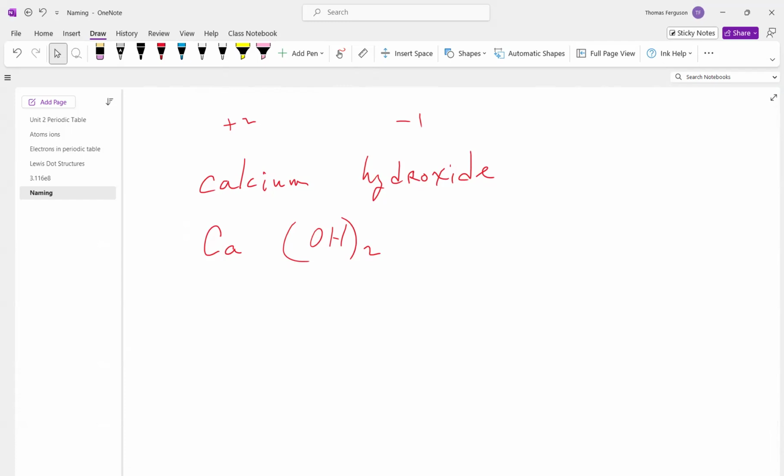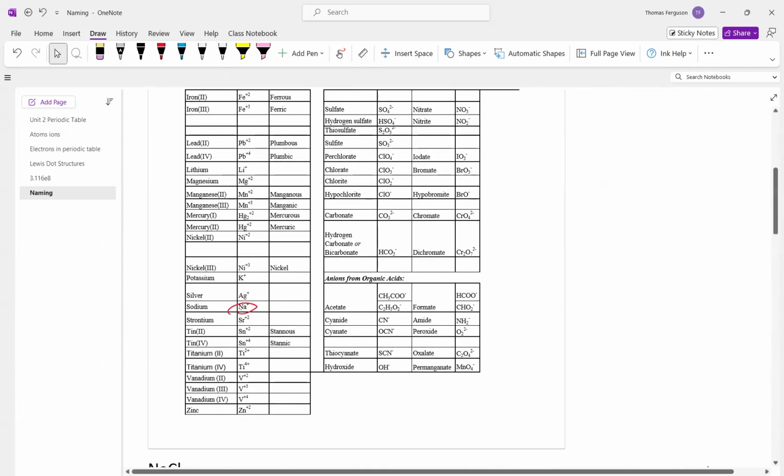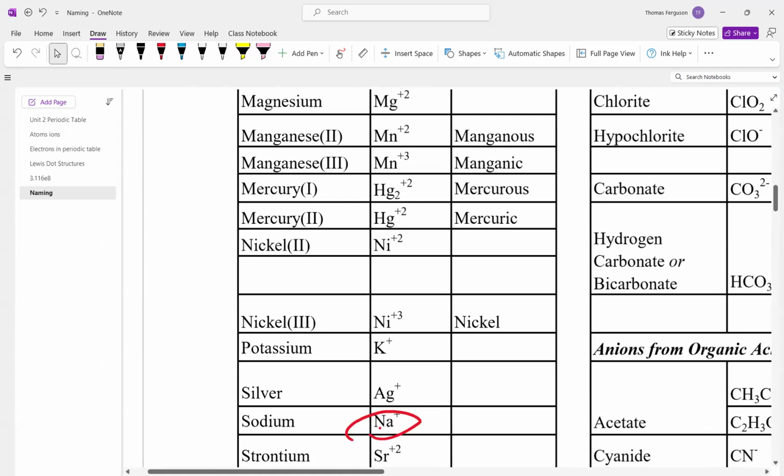I have 2 of them on here, the +2 and the +3. So if I just said nickel, you wouldn't know which nickel.